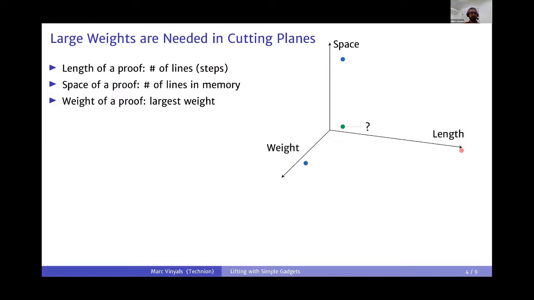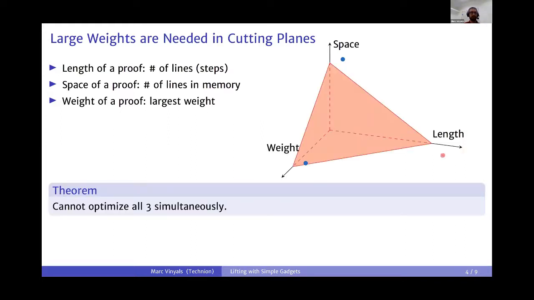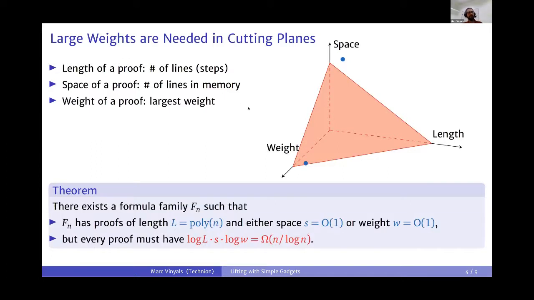What we prove is that there are some formulas where this is impossible, and there's a region where no proof can exist. Maybe a bit more formally, we show that there's some formula family that has these two kinds of proofs, but the product of the three measures must be large.